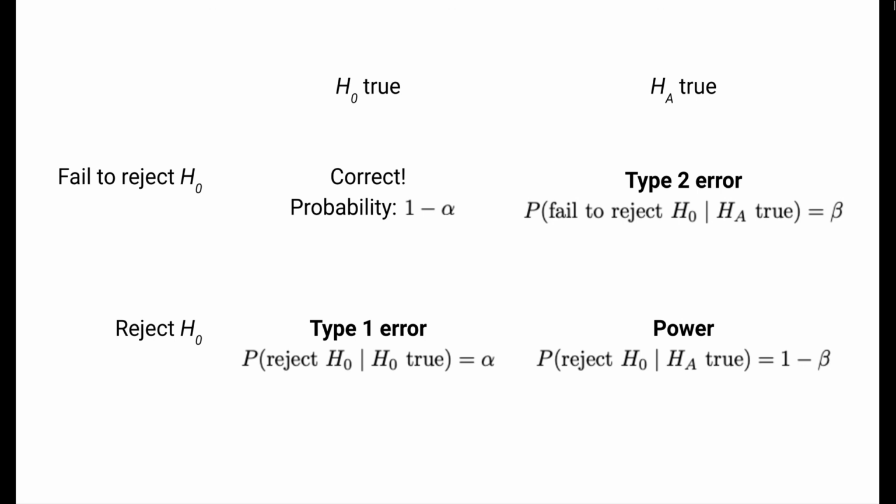The opposite of a type 2 error is correctly rejecting the null when the alternative is true. The probability of this correct decision actually has a special name. This is called power. It turns out that there are different factors that affect power. We'll discuss these in class, but knowledge about these factors can help with study design and planning. That is, we can plan our studies to increase power and decrease the probability of a type 2 error.